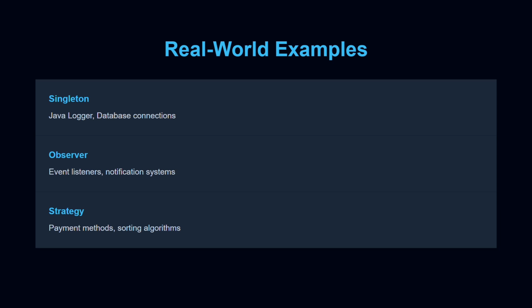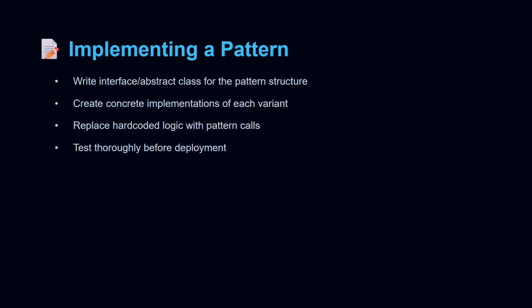When you implement a pattern, we have to follow some rules: write an interface or abstract class that defines the pattern structure, and create concrete implementations of each variant. Replace hard coded logic with pattern based calls. Test thoroughly before production. These are the most important steps to follow.